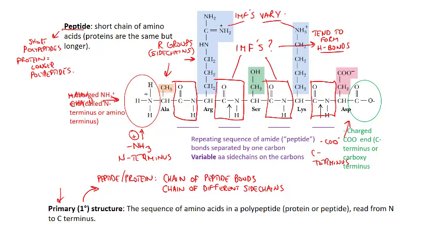So for example, lysine and arginine, because they're positively charged, can undergo ion-dipole or ion-ion interactions with other charged molecules. But nonpolar side chains like, say, leucine or alanine can only take part in hydrophobic interactions.